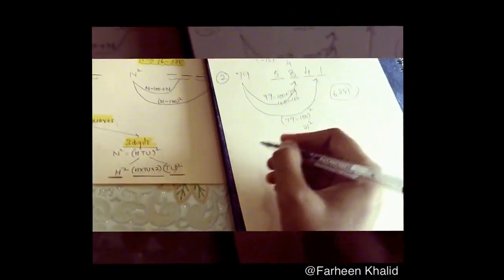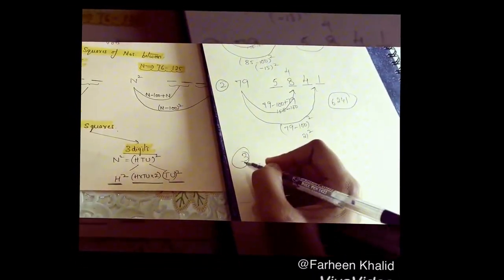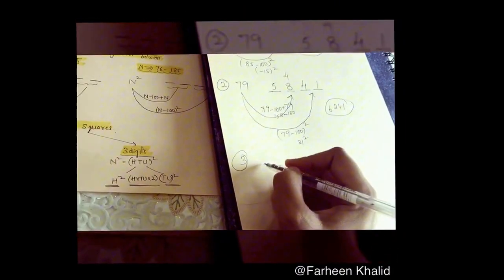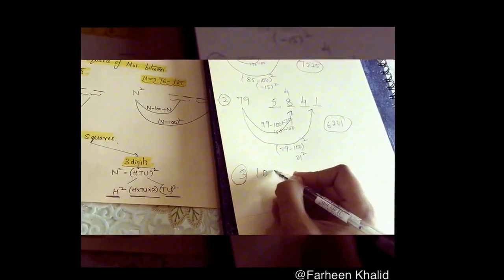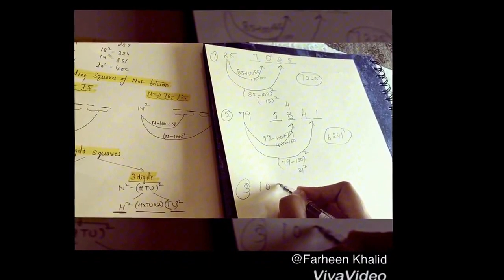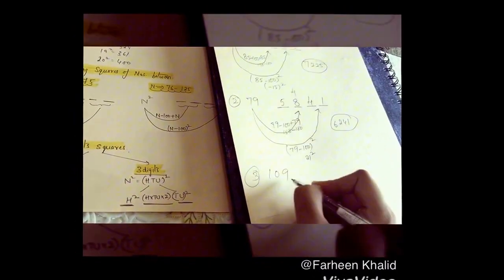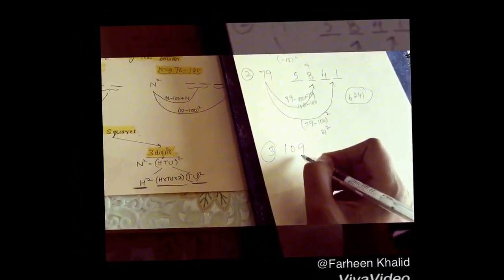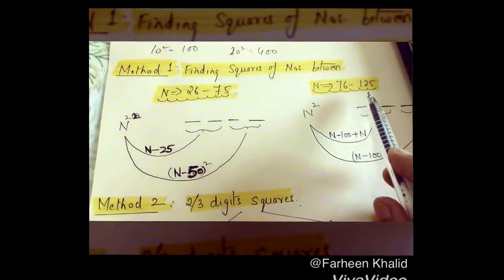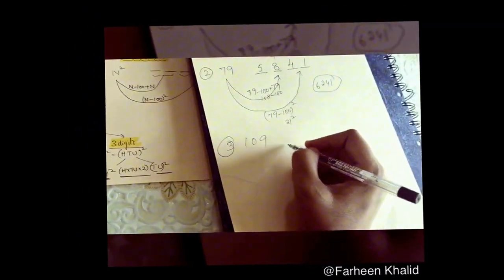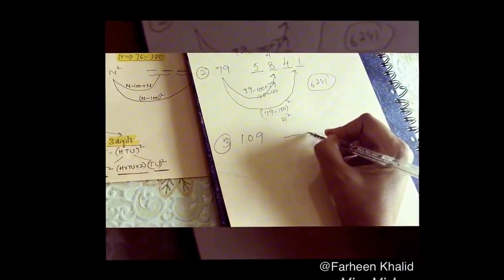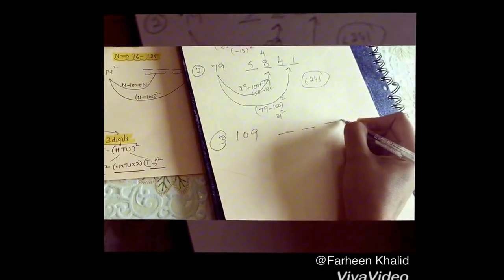Okay, just to make you comfortable, let's do one more example. Now we are going to take an example of a 3-digit number here, but it has to be below 125, right? So 109, let's take 109, and you put 4 spaces here.